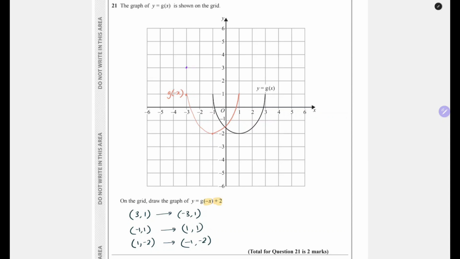So our new points will be here, here, and here. And so all we need to do now is just join these up as best as possible. And our new graph is that. And we can label this as g of negative x plus 2.